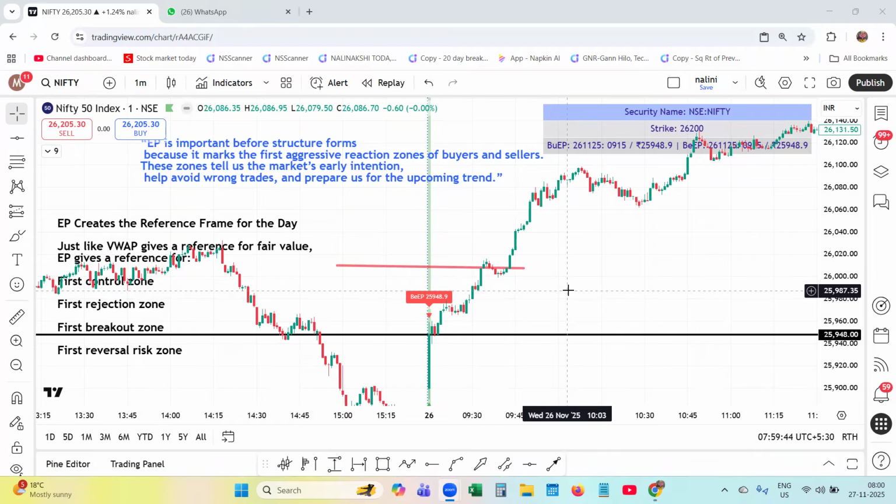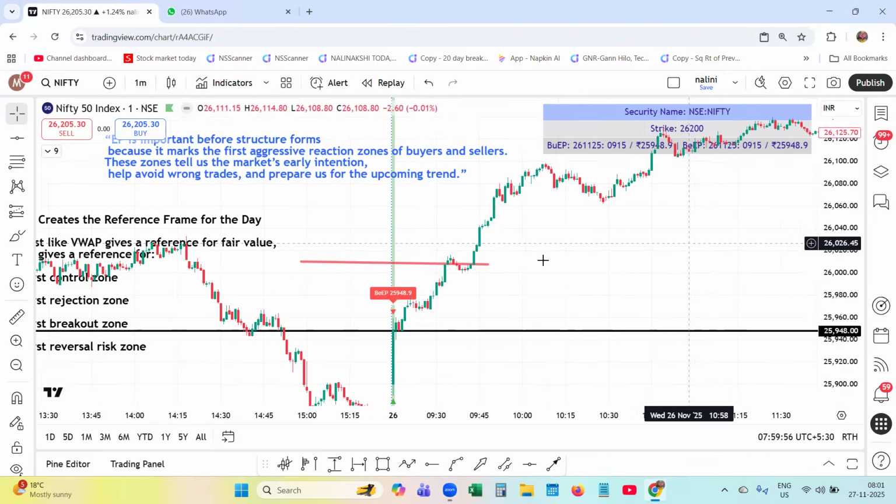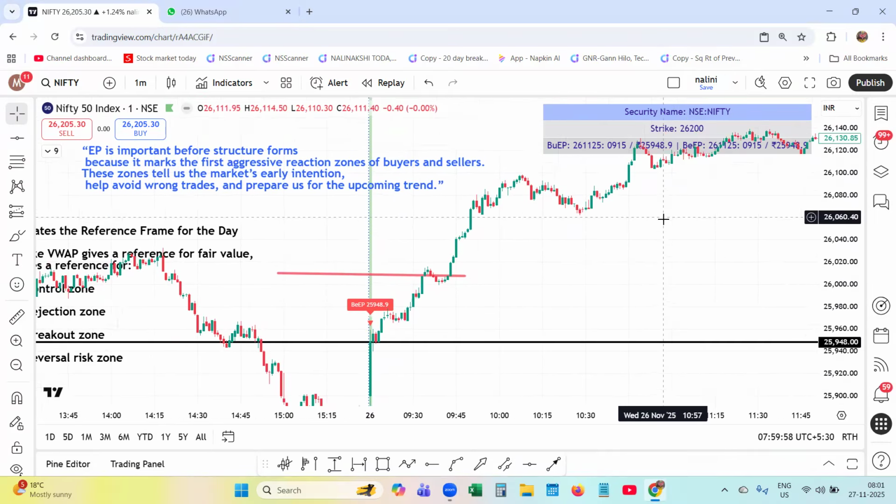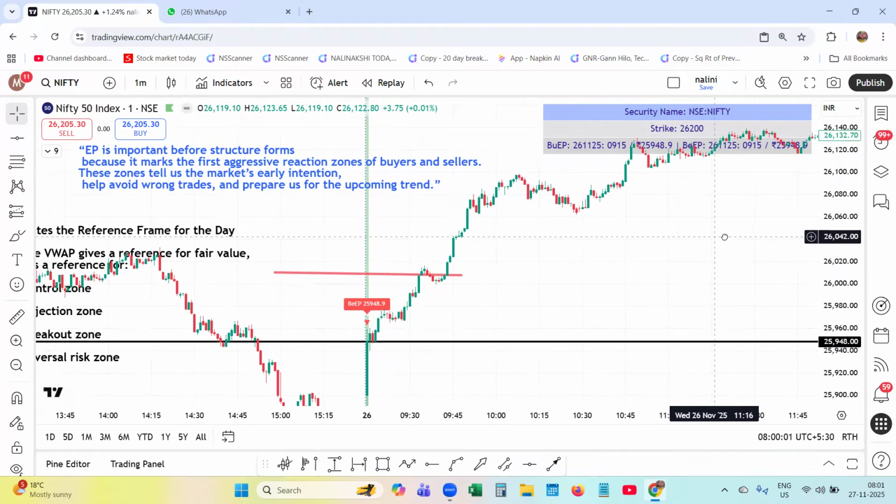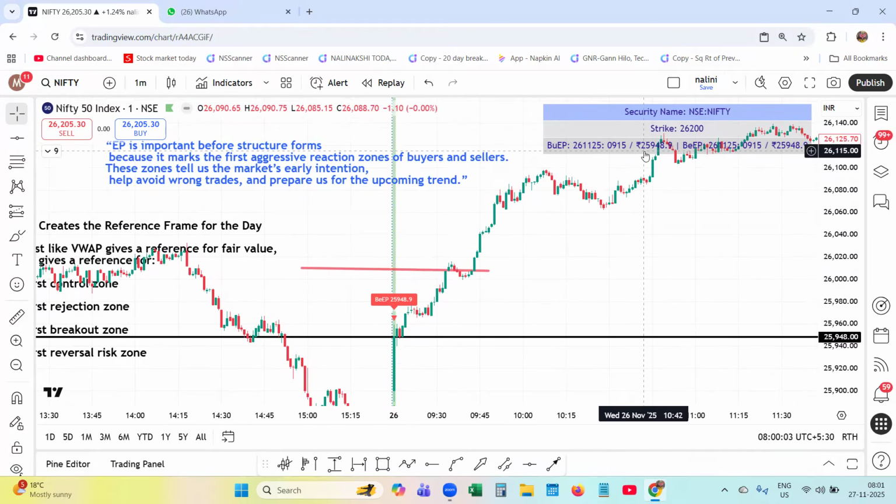Many of the episodic pivot indicator buyers are asking me why both the EPs are triggered. For example, this is the EP. Yesterday it was triggered around 11:20.